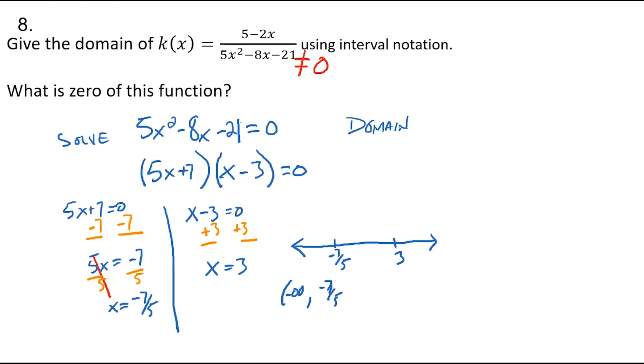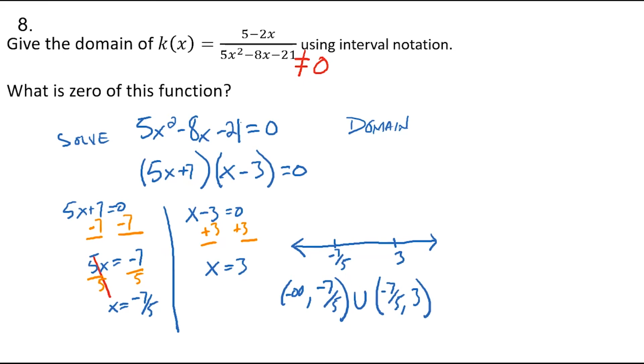And then that is going to be union with negative 7/5 up to 3.